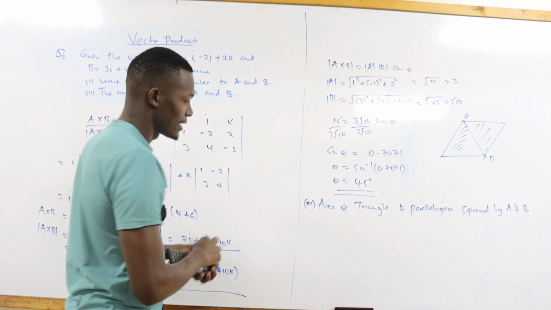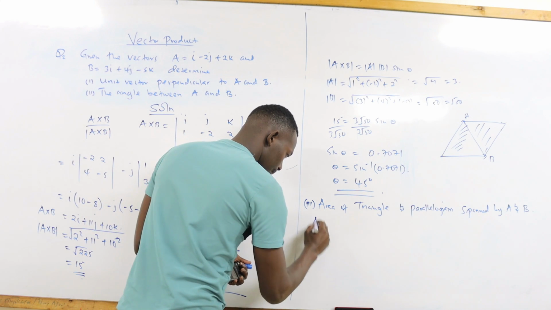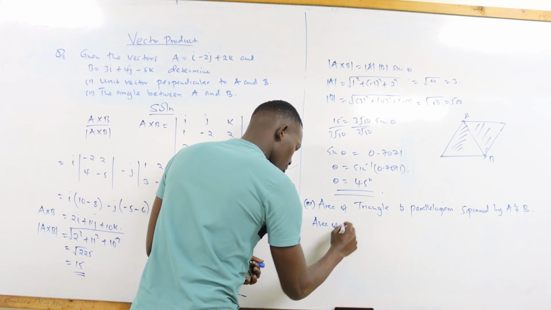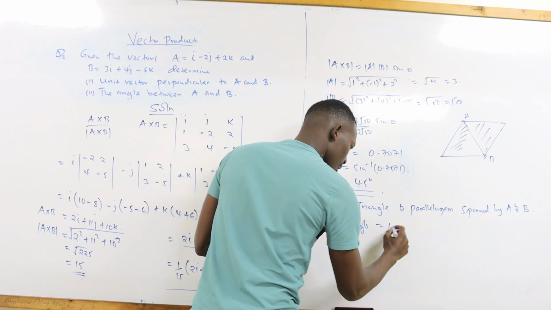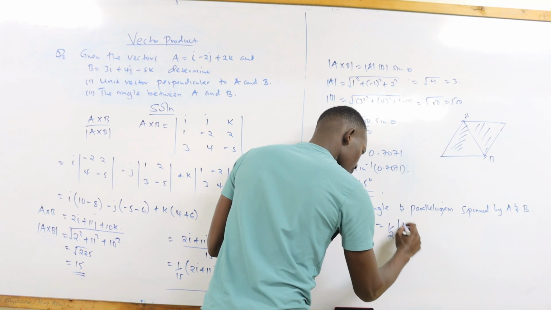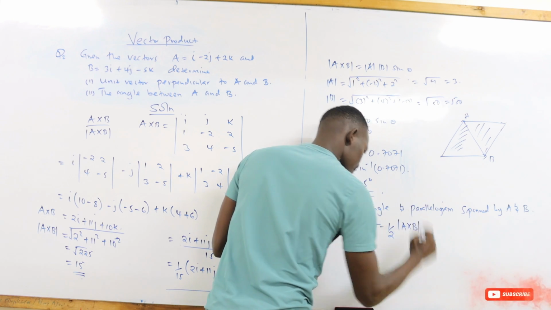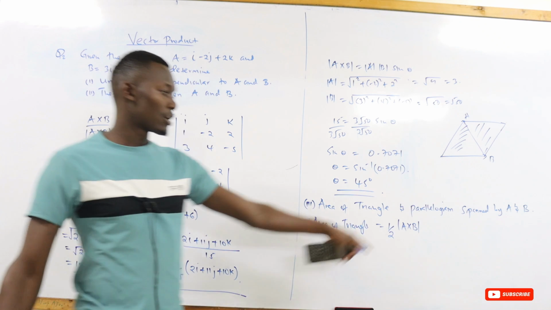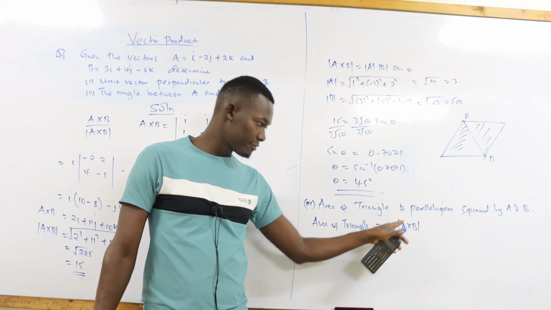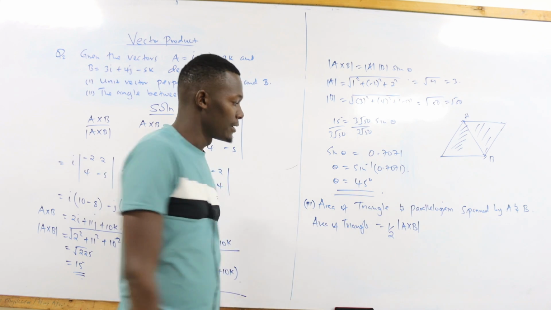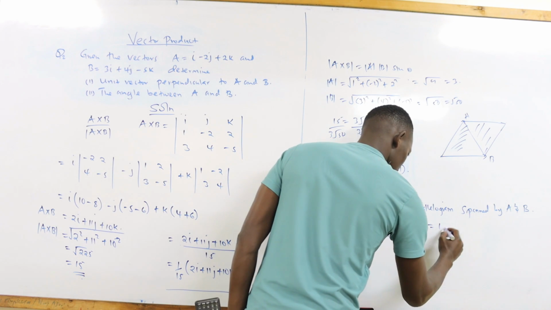So we are just saying the area of a triangle will be given the same way, which will be a half of A times B. Cross product, not dot product. A half A cross B. Now, in our case here, it is a half.